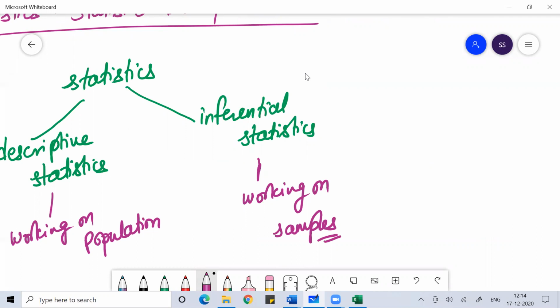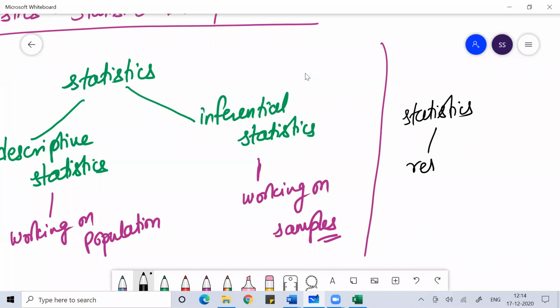Every research has an objective. So what is the objective of the research? Based upon the objective of the research, you try to get the data, you try to collect the data.